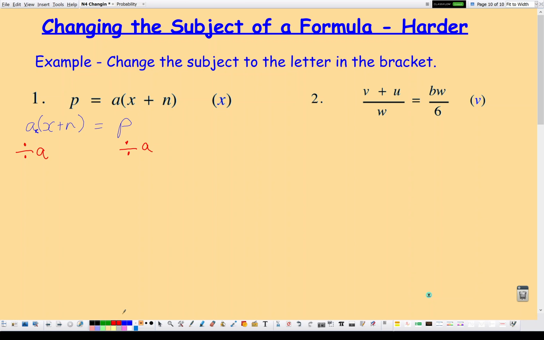Now what that forms is a fraction on the right hand side. Don't write p divided by a, you write it as a fraction when we're doing this. So it's x plus n, the bracket is now just on its own, so you don't have to write the actual brackets, and p divided by a we would always write as a fraction.